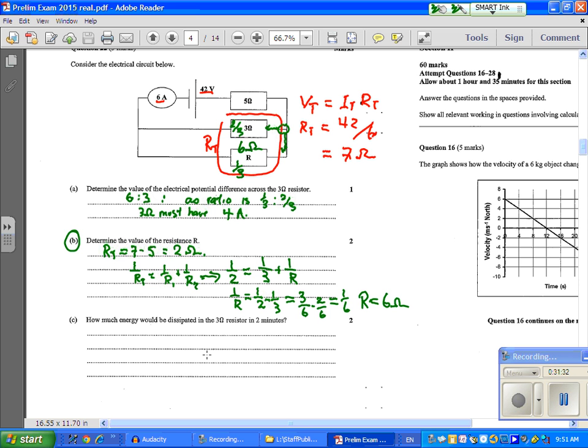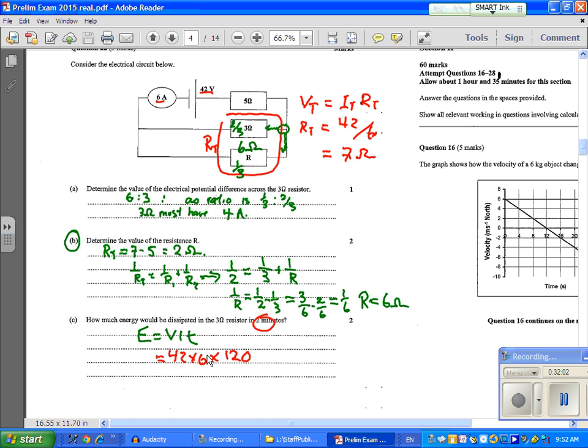Practice. Now, the good thing is the energy one: the first thing you need for your 2 marks is essentially to put the formula down and put some meaningful numbers in. There is, however, a bit of a trick to it. That's 2 minutes, which means that when you put it in, your voltage is going to be 42, your current is going to be 6, and your time is going to be 120, not 2.